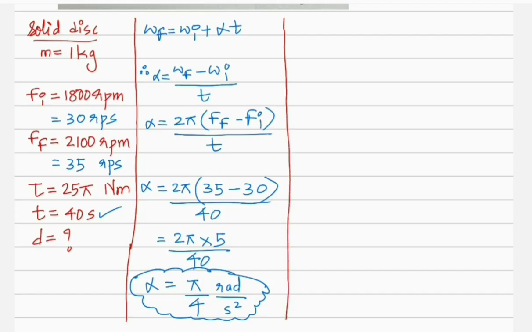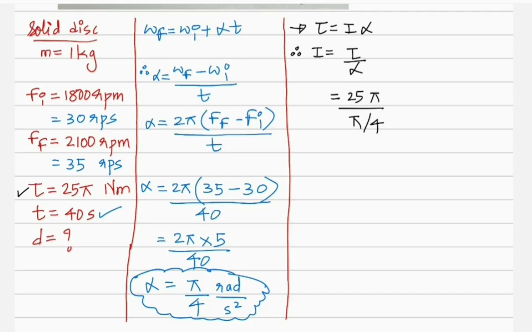Okay, getting this my students? Yes, we had a deal that we will calculate alpha, and using the torque which is given, we will substitute in tau is equal to I alpha. So we can get moment of inertia I, right? So tell me the basic formula for torque, tau is equal to I alpha. So moment of inertia I will look like tau divided by alpha. The torque value given to you is 25 pi Newton meter divided by alpha, which is pi by 4 radian per second square.